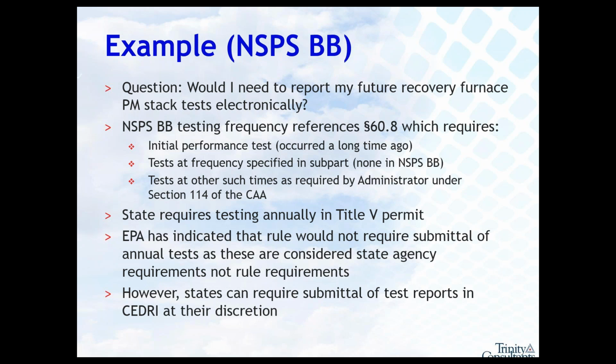Our understanding from conversations with EPA is that that annual PM test would not have to be submitted electronically under this rule. However, the state could require you to do such if they wanted to. EPA considers that subsequent PM test to be a state-required test because it's not specifically identified in a new source performance standard.